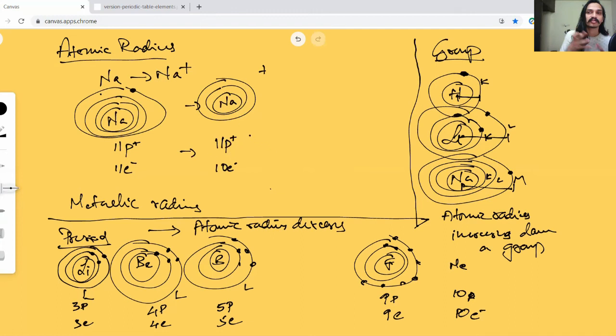Because of this, what happens is the atomic radius will reduce.